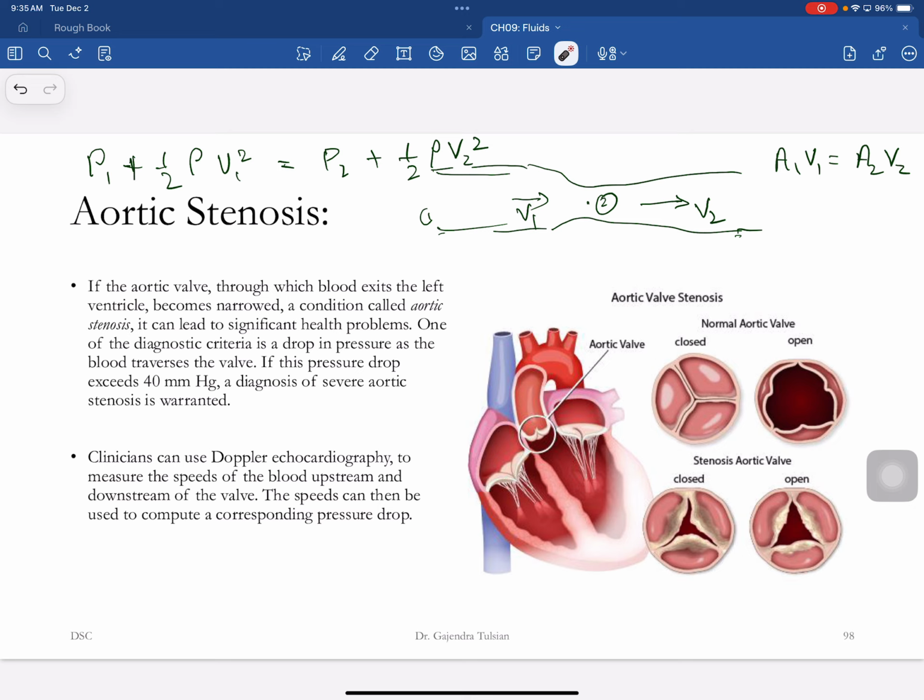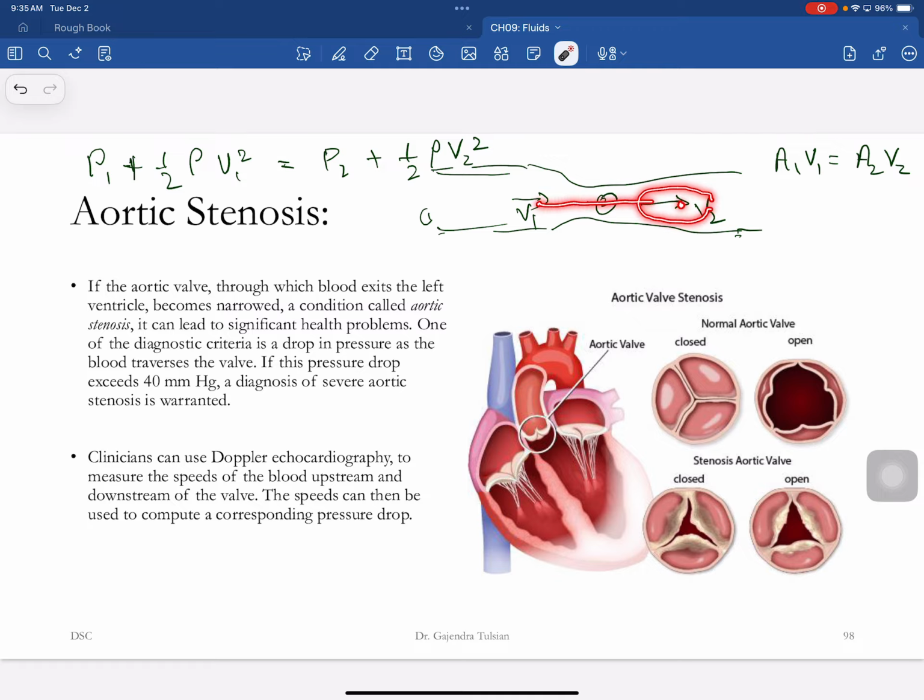All right, so the doctors say it this way. If a valve has gone narrow, then the blood is flowing faster. That means the pressure here has gotten lower. If the blood is flowing faster, pressure drops.